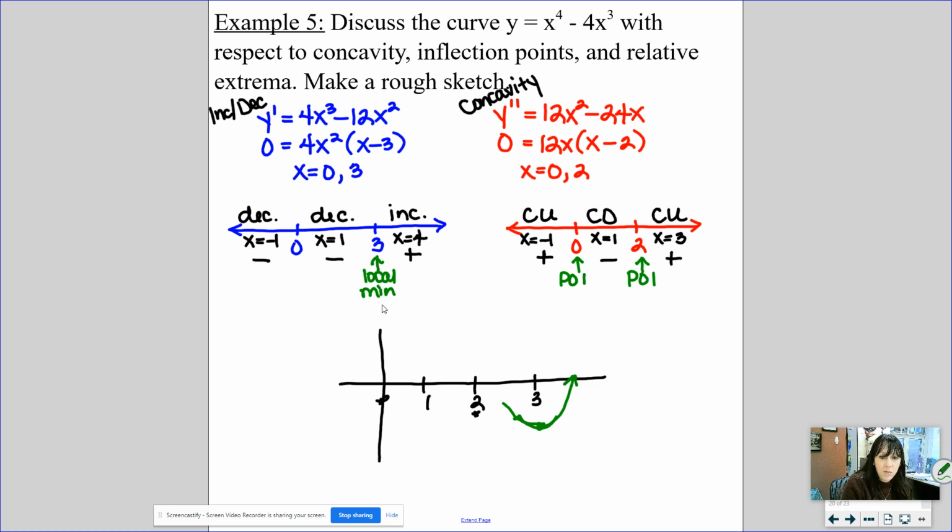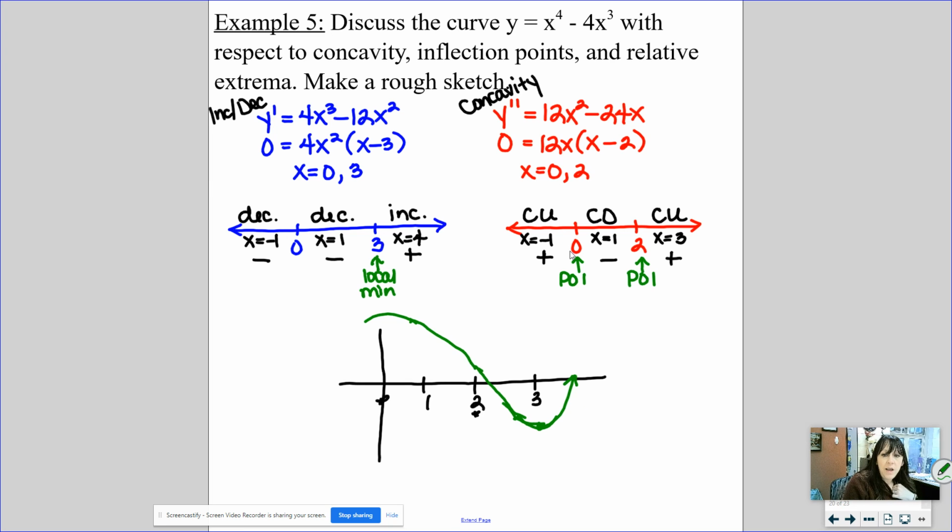I need it to be kind of going down until I get to the min, but I want it to switch concavity along the way because it switches concavity at 2. So we start with concave down like this, and then we go to concave up when we get to 2. So I'm going to kind of make this an easy transition. I hope something like that would work.